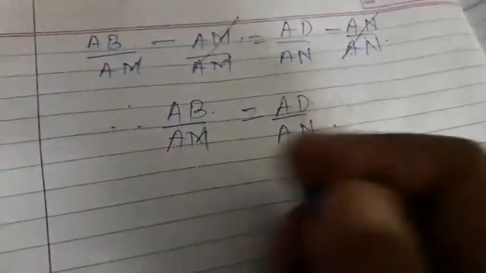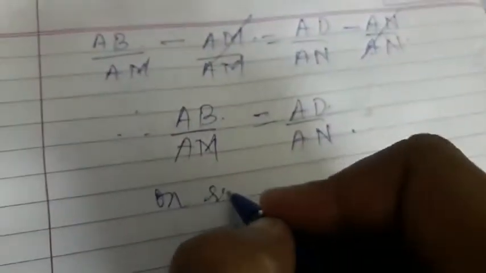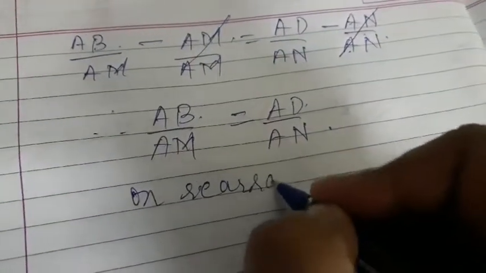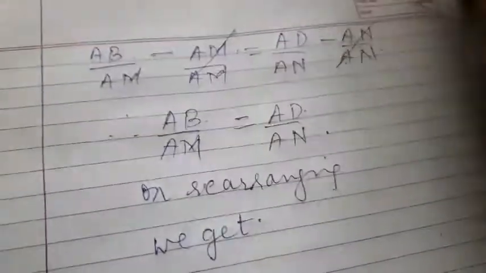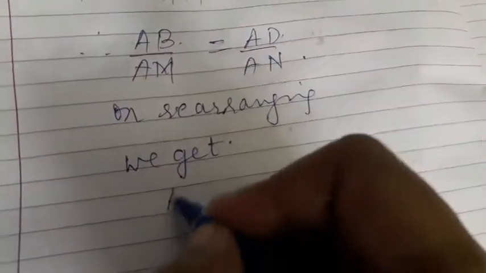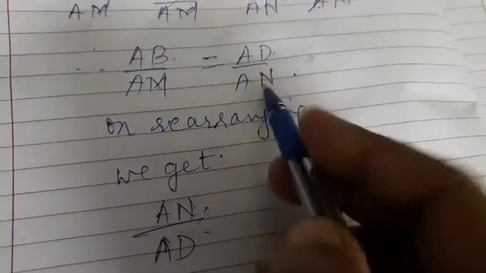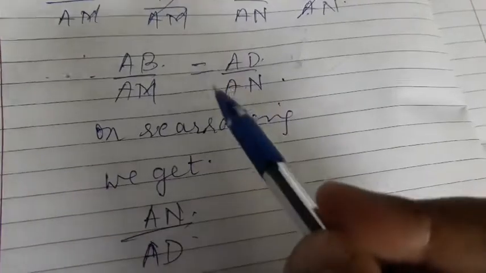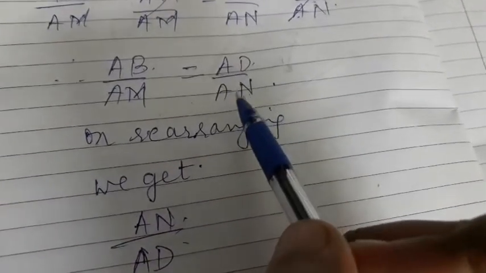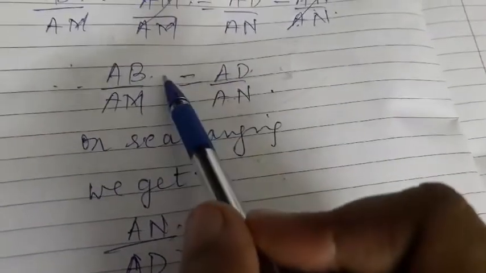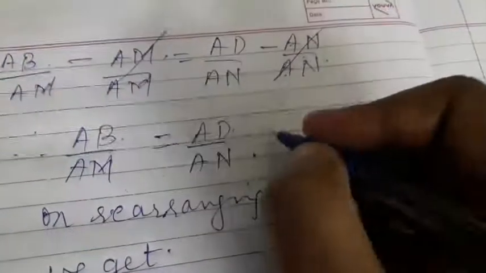Again we can rearrange. On rearranging we will get AN upon AD. This AN will go here and this AN will go with AB. Or we can do one more thing.